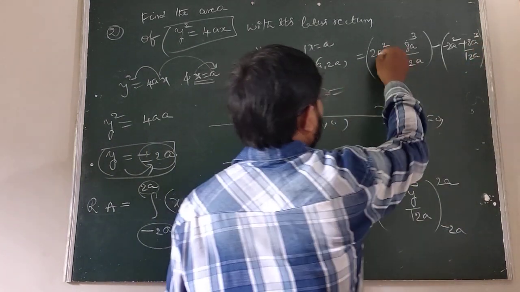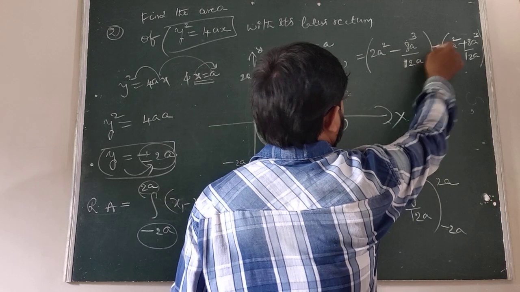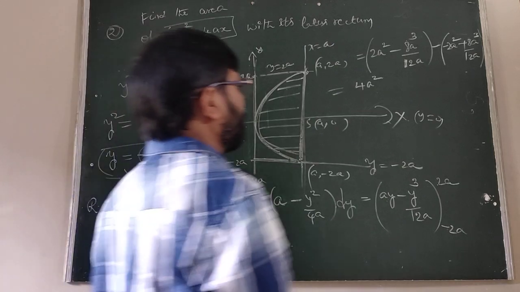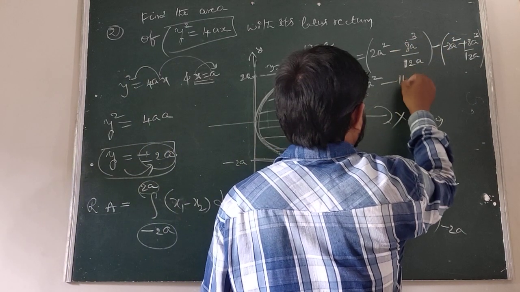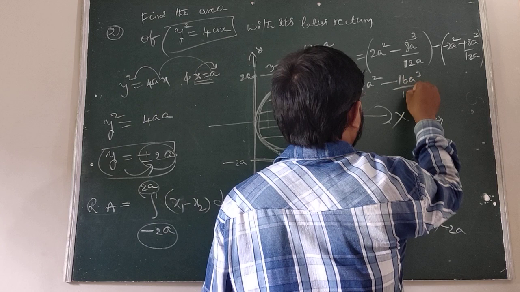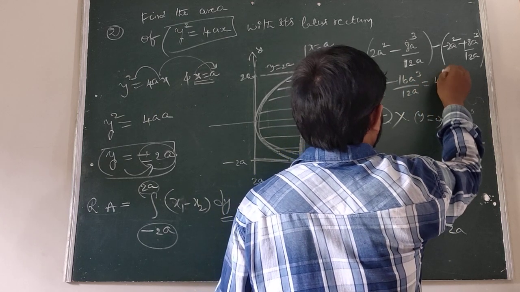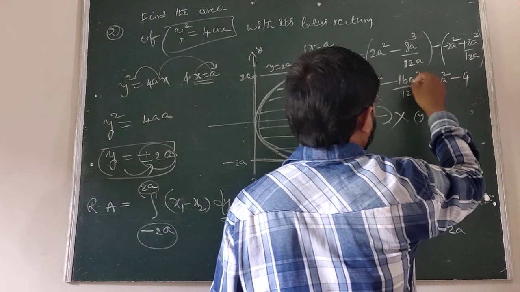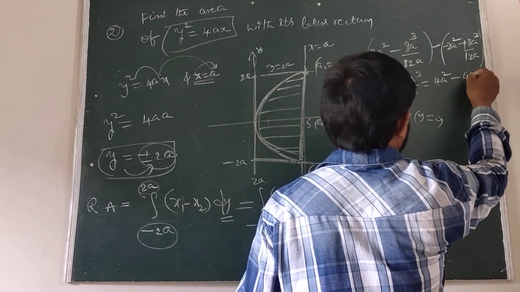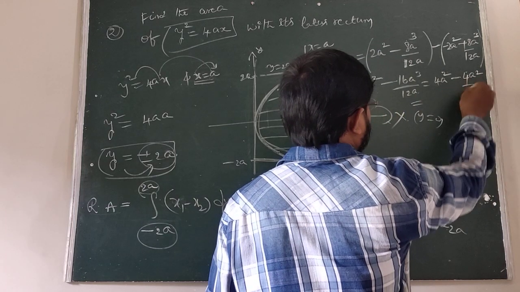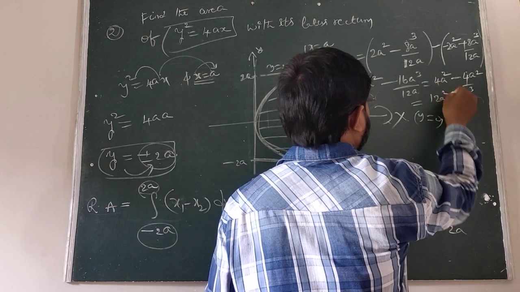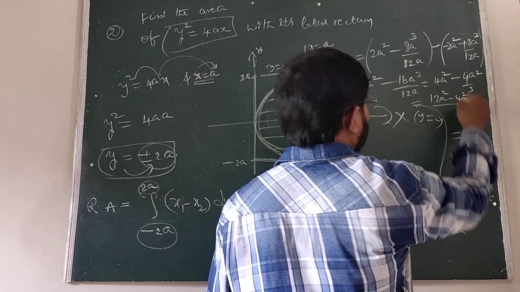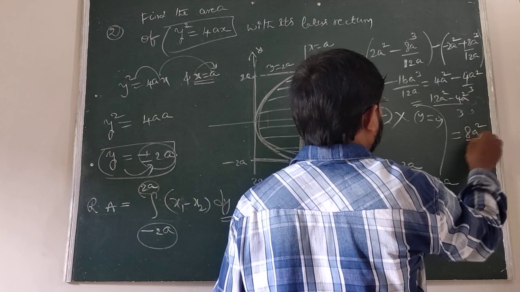Therefore this is 4a squared minus 16a cubed by 12a. Cancelling one a, 4 fours are 16 and 4 threes are 12, so 4a squared minus 4a squared by 3. Then this is 12a squared minus 4a squared by 3. What is the answer? 12 minus 4 is 8a squared by 3.